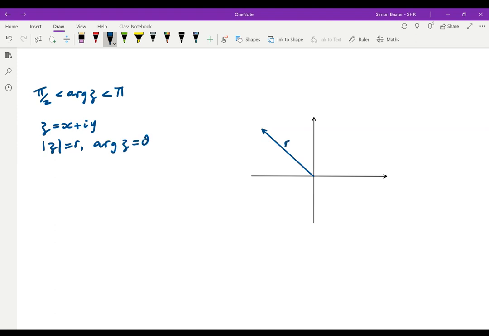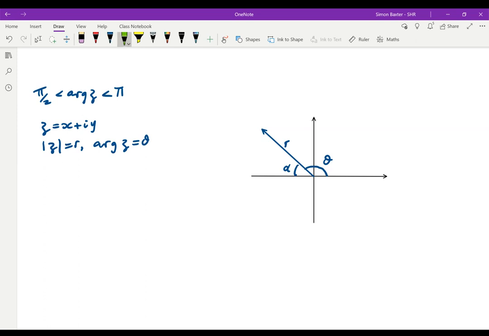The argument, remember, is the angle made with the positive x-axis, so the argument is this angle here. And that one I'm going to call alpha.